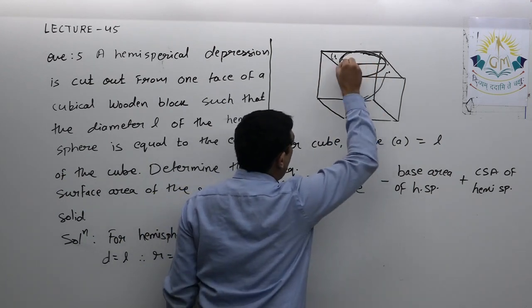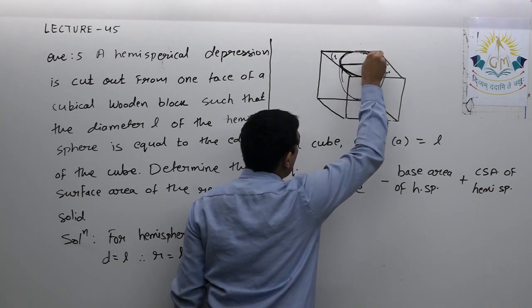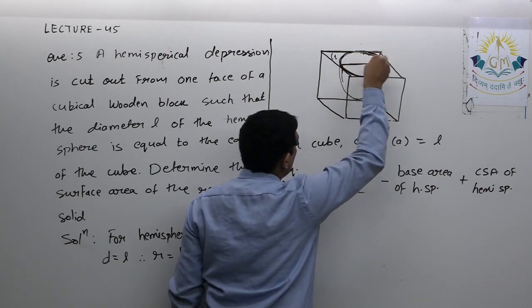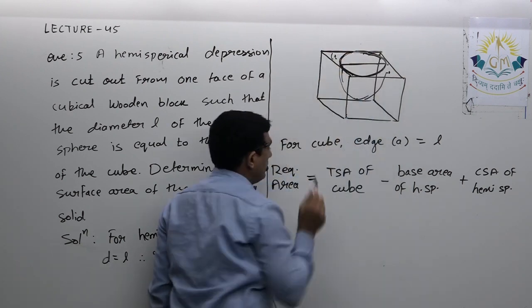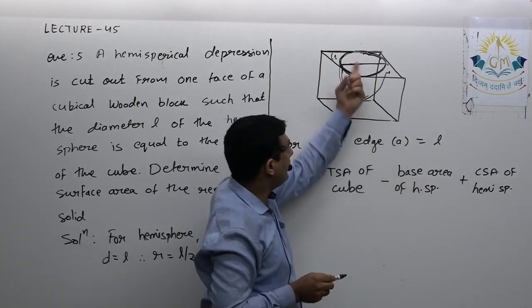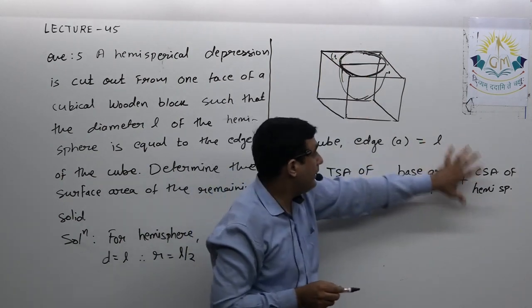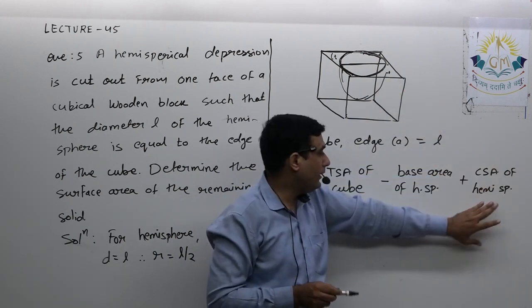But actually this surface completely is not there, because of this circle it is not possible to paint on this portion, but obviously we can paint on these four corners. So that's why from the total surface area I subtracted the base area of the hemisphere, and it is possible to paint on the curved surface area of the hemisphere, so I added that.